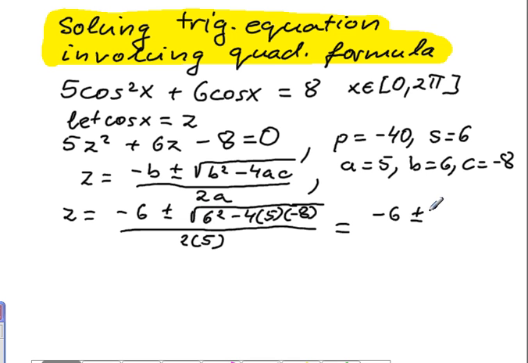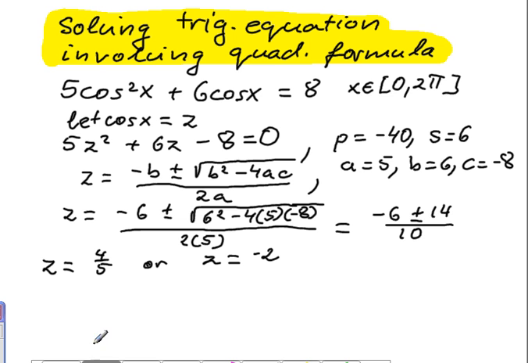The square root of 196 is 14, so I have plus or minus 14 divided by 10. Alright, so simplify. z will be equal to negative 6 plus 14, so 4 over 5, or z will be equal to negative 2.